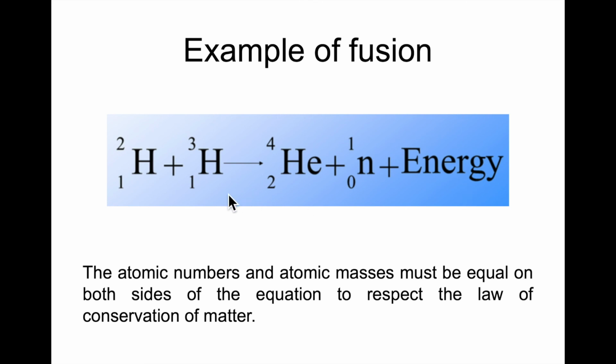If we look at the math of it, 2 protons, 2 protons; 2 plus 3, 5 for the mass, 4 plus 1, 5 for the mass. So the law of conservation of matter is followed and respected. This works. So that's an example of an equation for fusion. This is not the only one, but it always revolves around the fact that you have two small atoms that combine to make one bigger atom.